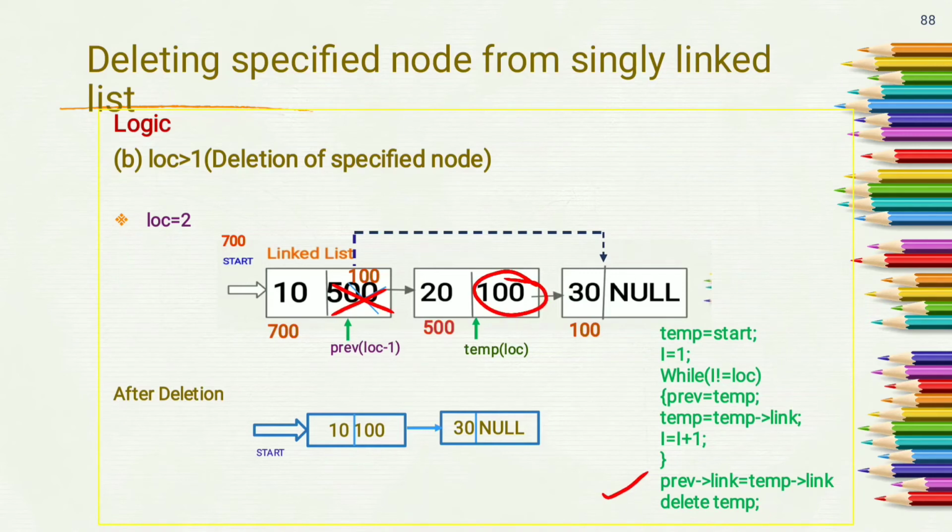Temp link is 100, so the value of previous link now becomes 100. So previous is now pointing to the node having address 100. Finally we delete this temporary node by writing delete temp. So after deletion there are two nodes in the singly linked list having values 10 and 30.